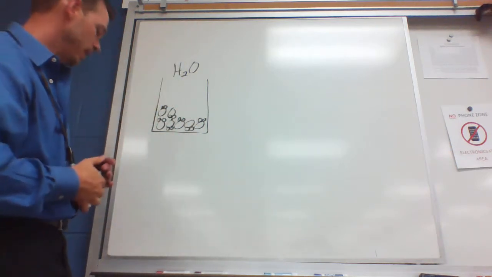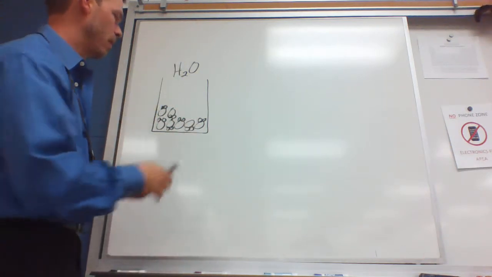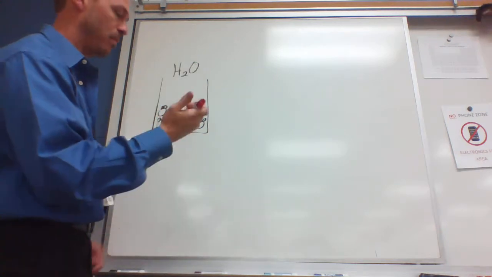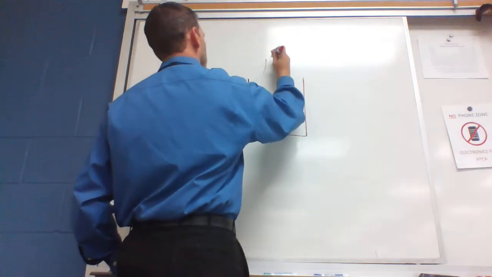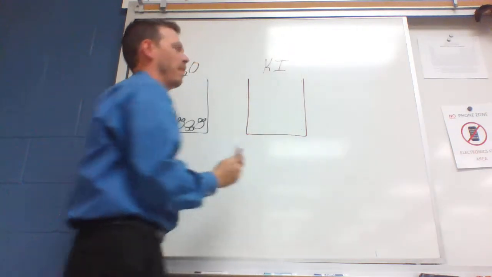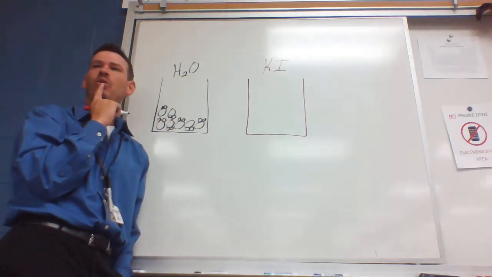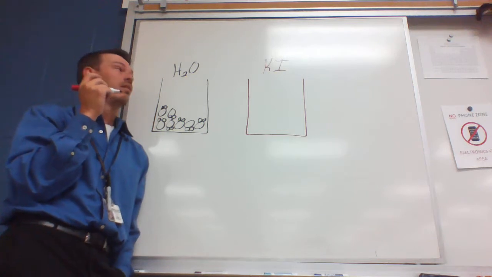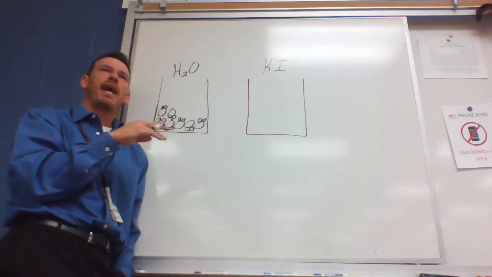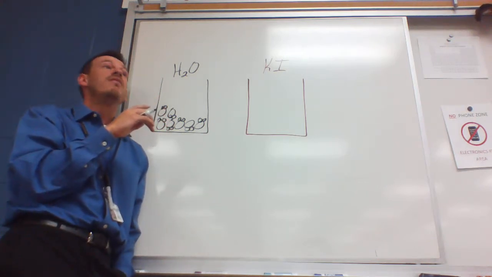But then it wants us to dissolve, and I'm going to draw a different beaker, because my picture gets messy otherwise. Potassium iodide in there. Well, what happens if you add potassium iodide to water? No, it won't be a reaction. They dissociate.